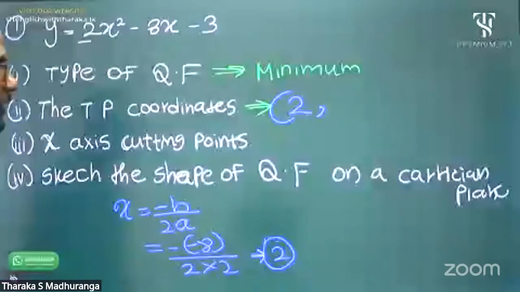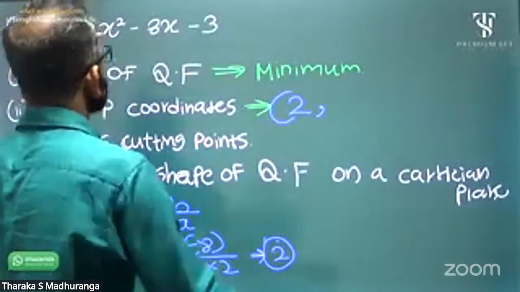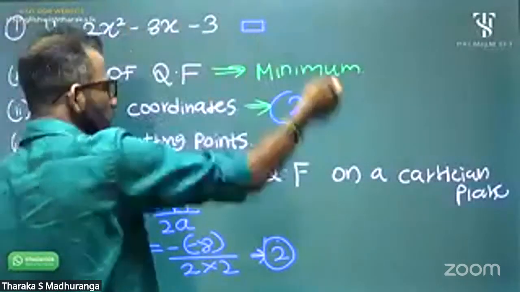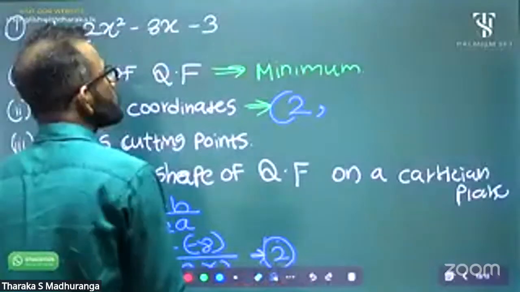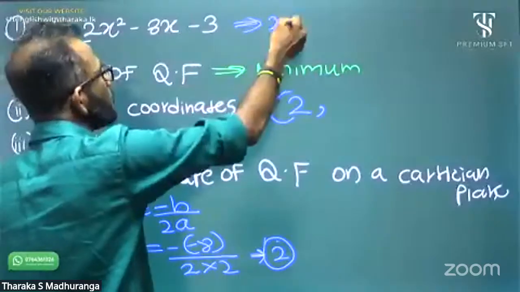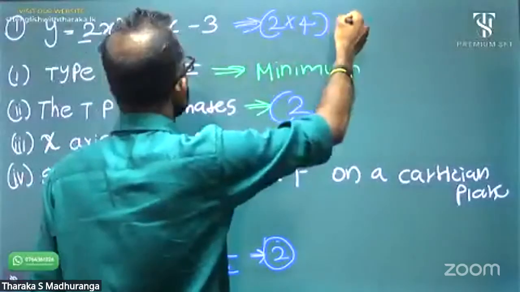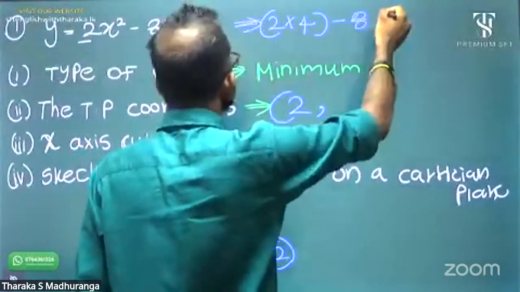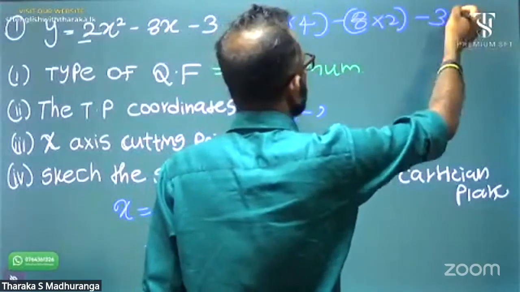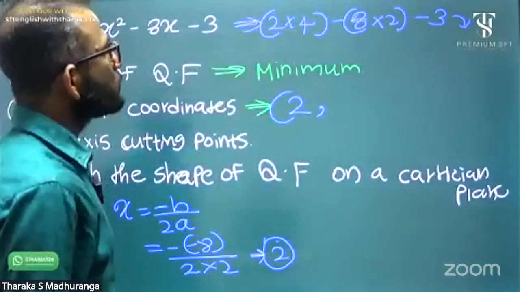Okay, how to calculate y coordinate? Better to substitute into the equation, no? Yeah, easy to substitute. 2 into 2 squared, that means 4, plus, sorry, not minus, 8 into 2, minus 3. 8 minus 16 minus 3.